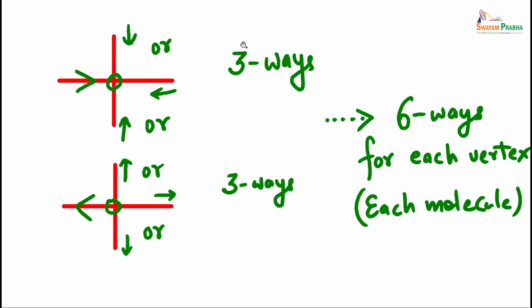Once 2 of them are in, the other 2 are automatically frozen. I don't have to talk about them. 3 ways, and this arrow could have been out. So then again 3 ways. This could have been out, this could have been out, this could have been out. 3 plus 3, 6 ways to construct. And n molecules, 6 ways for each molecule, 6 to the power n, if they were independent.